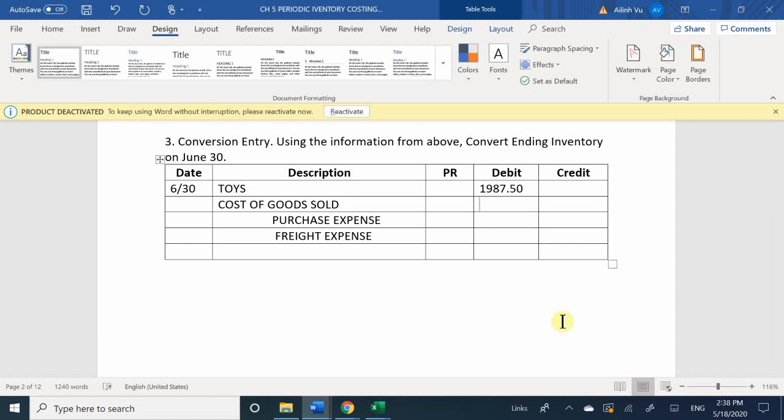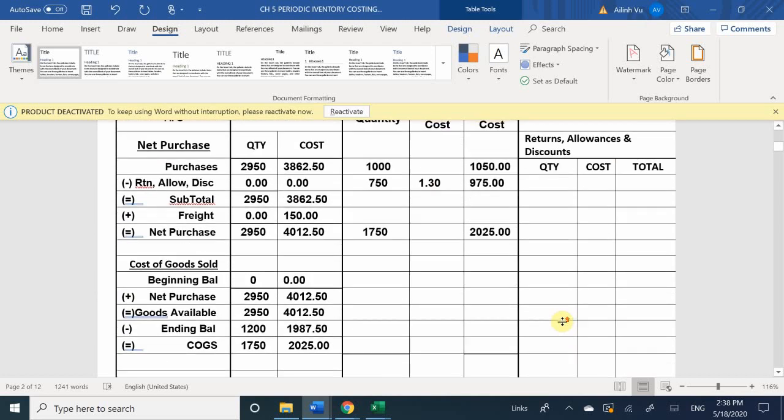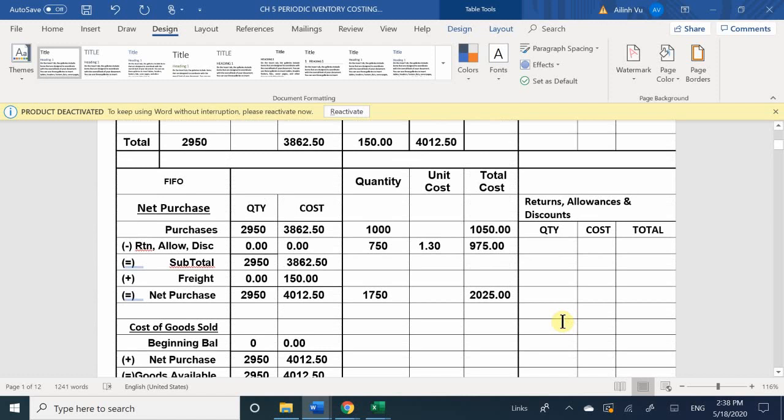And then we sold 2,025 units of that. Okay. So how much was our purchases? What was our total purchases? That's the quantity. $4,012.50. That's the total cost of both.